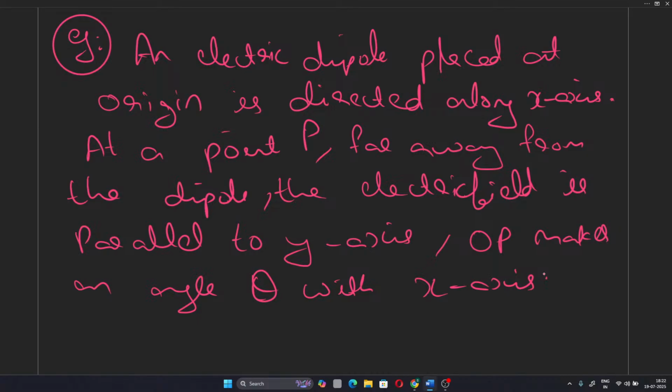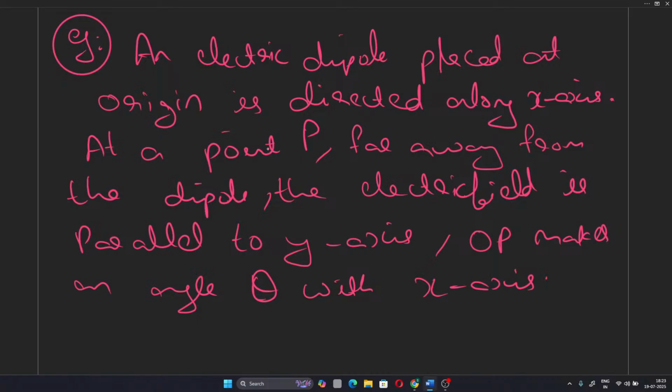They're saying an electric dipole is placed at the origin, along the x-axis. At a point P far away from the dipole, the electric field is parallel to the y-axis. The first information is that the electric dipole placed at the origin is directed along the x-axis.